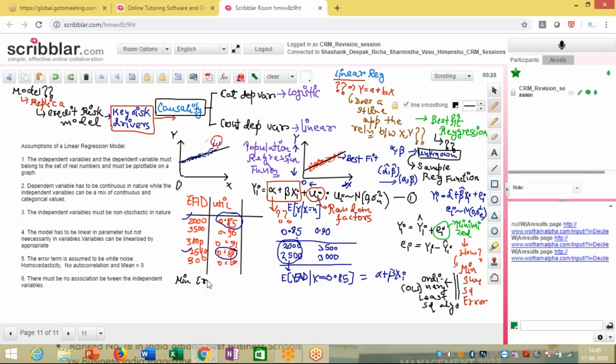In a regression model, the error component is the unexplained component in any model, right? And it has a normal distribution with mean 0 and a constant variance.